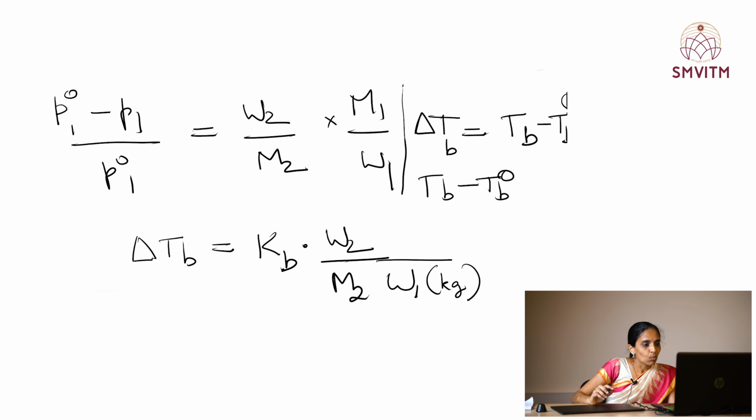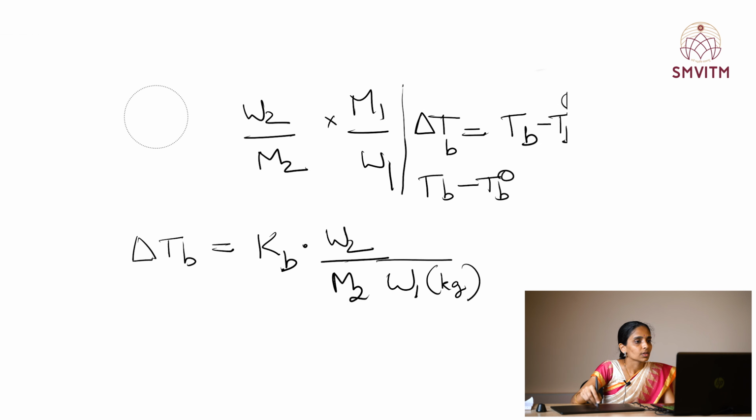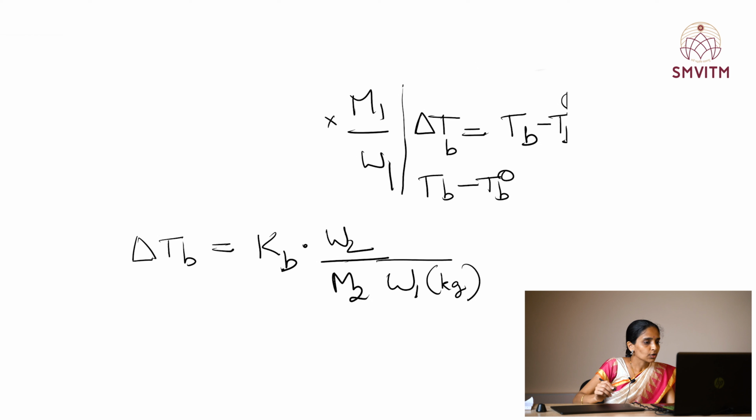Alright, then what is the formula for the osmotic pressure? The formula that we remember for osmotic pressure is pi V is equal to N2 RT.